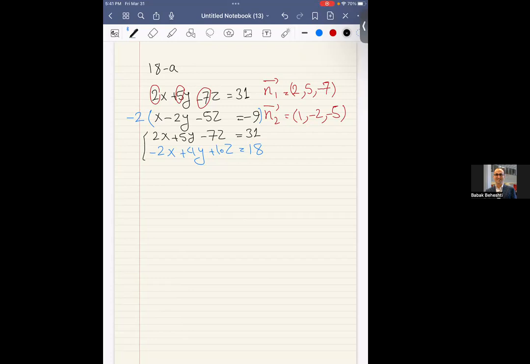These are the new equations. Now if you add these two equations, you can eliminate x, because 2x minus 2x is 0, plus 9y plus 3z equal to 31 plus 18, which is 49. So the new equation is 9y plus 3z is 49.